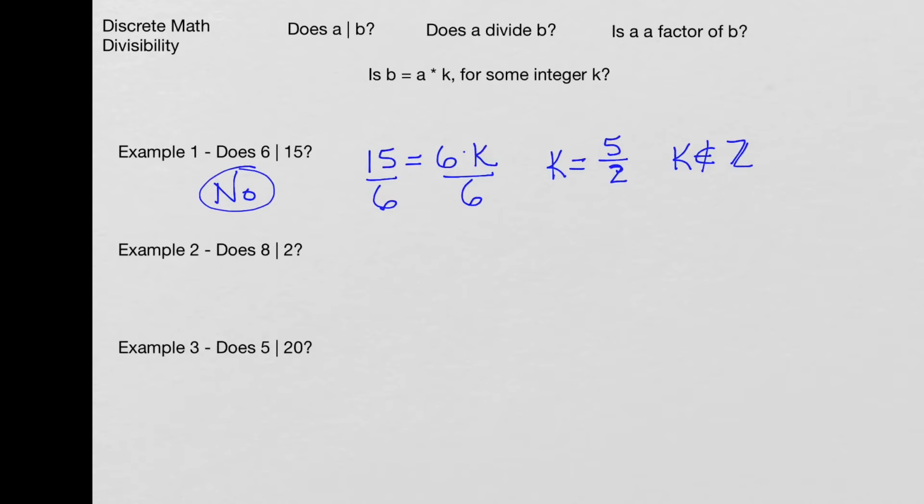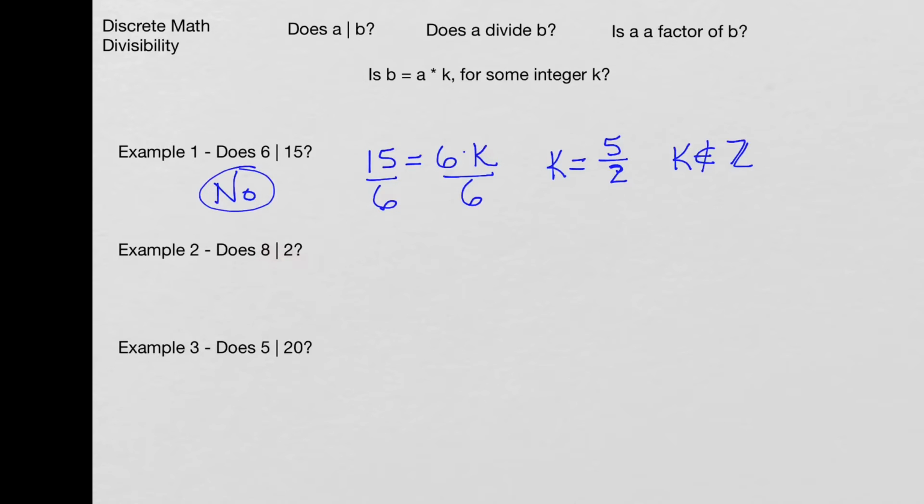Next, does 8 divide 2? This is a classic example of one that students will get wrong because they know it has to do with divisibility and they look at it as 8 divided by 2, and they say, well, that comes out to an integer, so they want to answer yes.